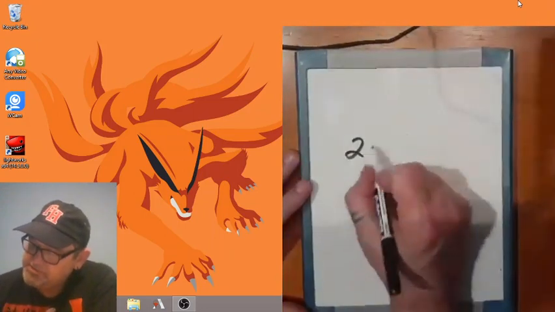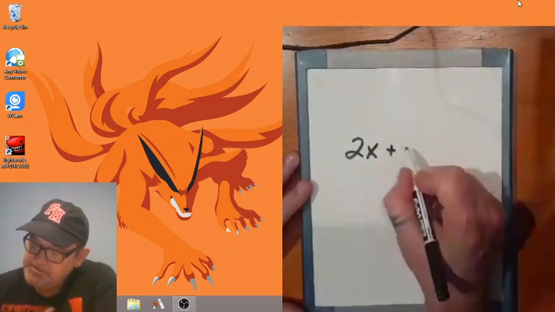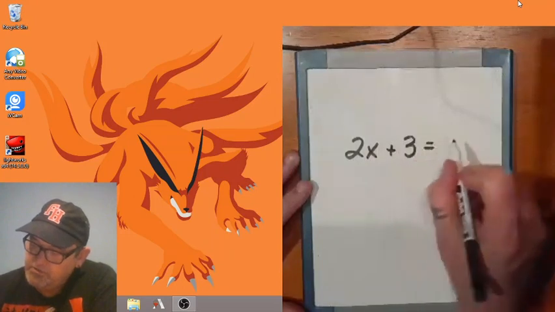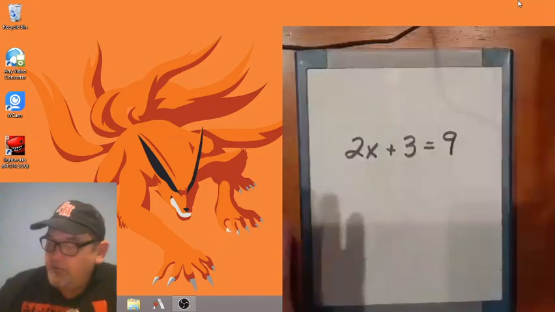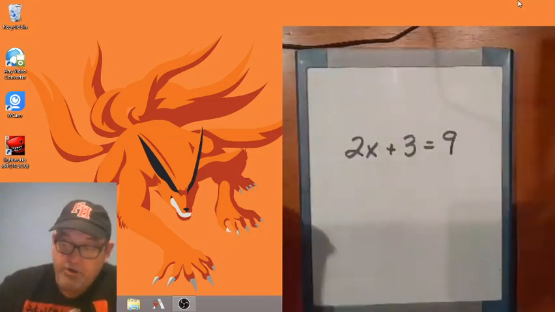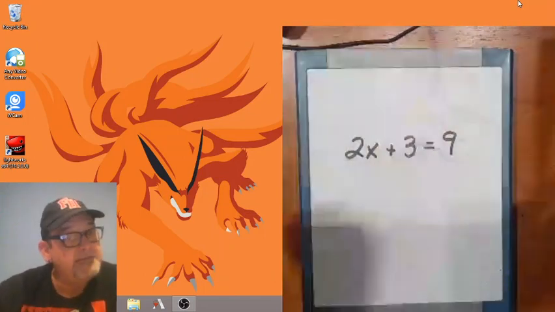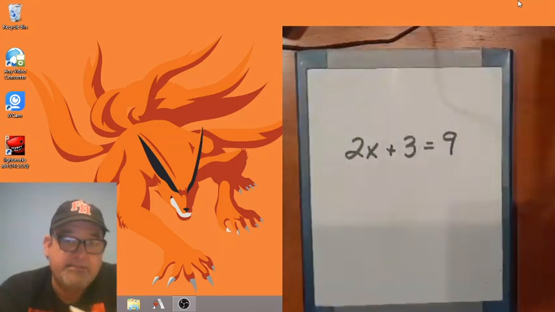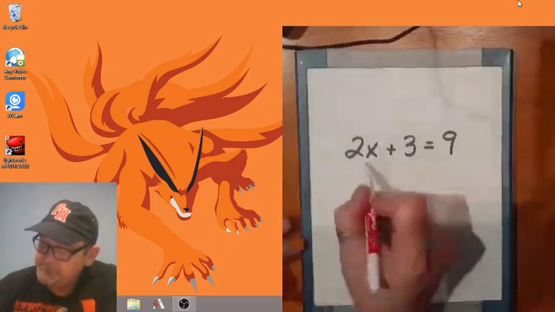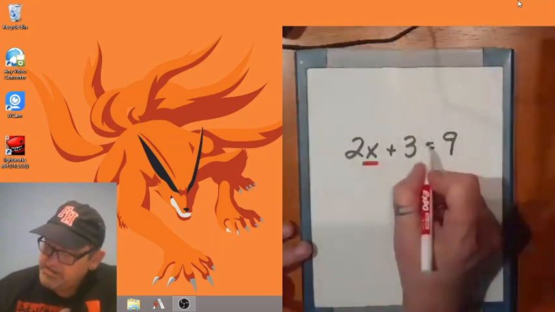Let's go 2x plus 3 equals 9. Okay? So, remember, our logic and our goal is the same as a 1-step equation. With any equation, I want x by itself. So here's my x, and here's the equal sign here.